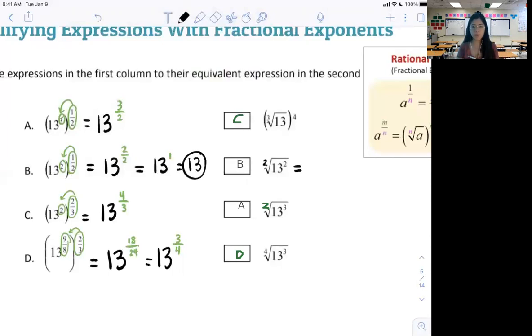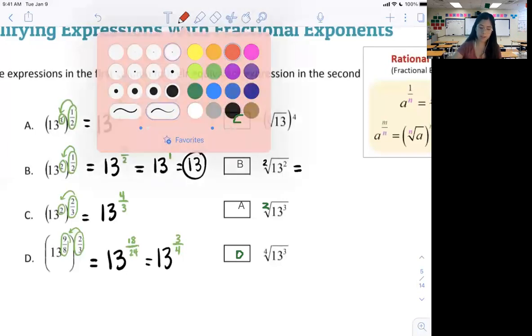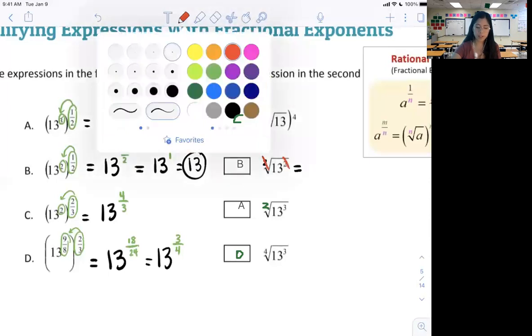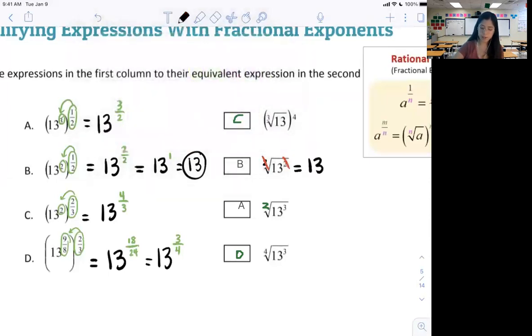So taking the square root is the opposite of going to the power of 2. So if you have the square root of something that's going to the power of 2, these cancel each other out. The square root cancels with the exponent. So you could have also realized that this is just equal to 13 because they cancel each other out. And that only works if they have the same value.